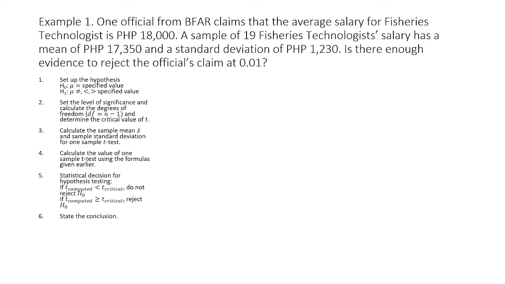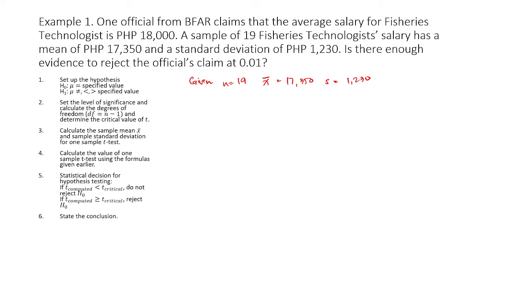So, ganun lang ulit yung system natin. You just need to first identify your given para madali na nating magawa ito. Meron tayong sample na 19 and with that sample, we have sample mean which is equal to 17,350 with standard deviation which is equal to 1,230. Oh, may na-skip na tayo agad na step.